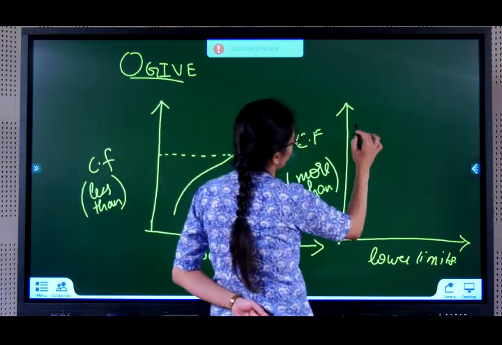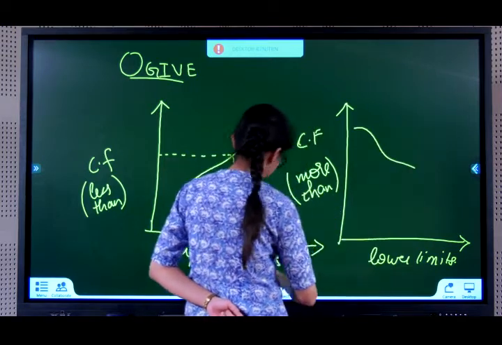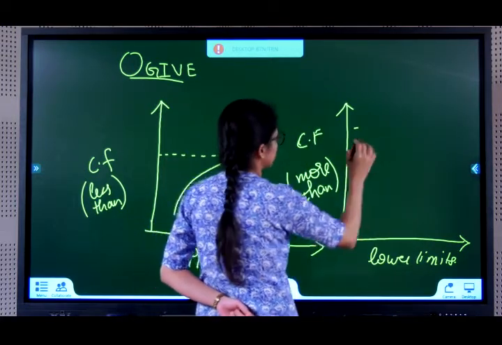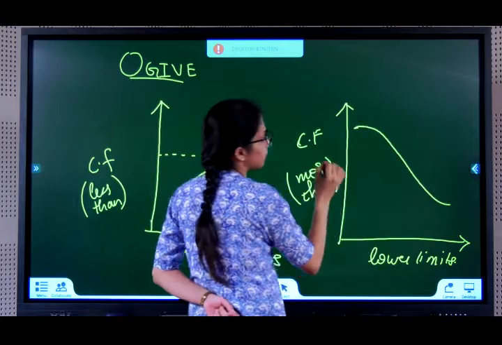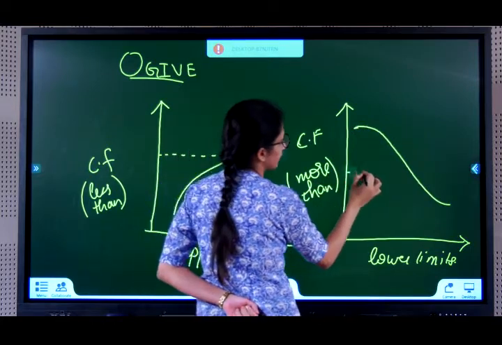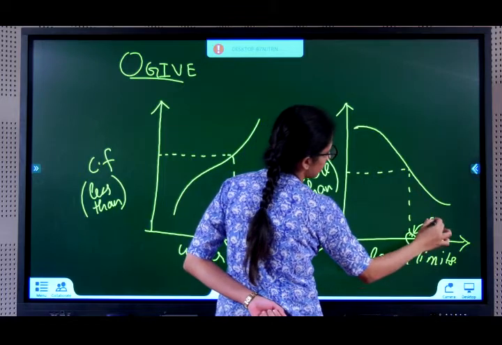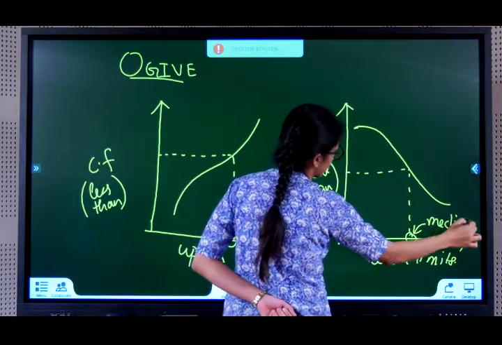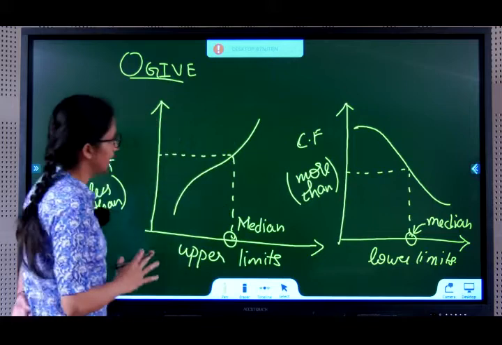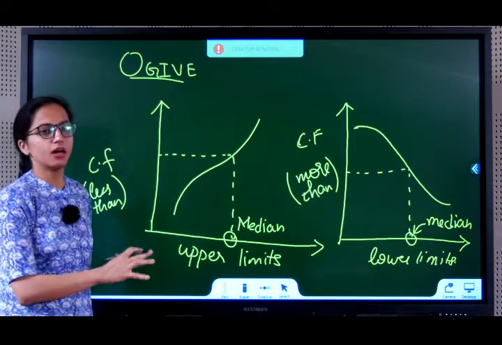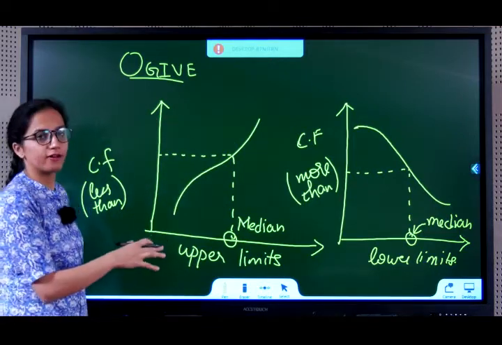You will see your graph looks like this. Mark n by 2 exactly in the cumulative frequency column, drop the perpendicular down, and this will be your median. That's all. Very simple. The same table as until now, all we are doing is putting it on a graph.